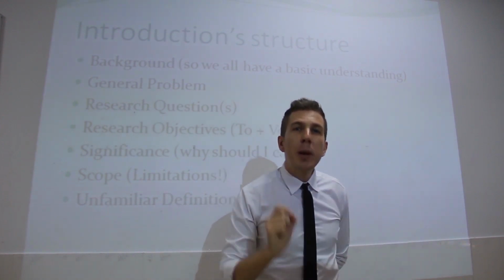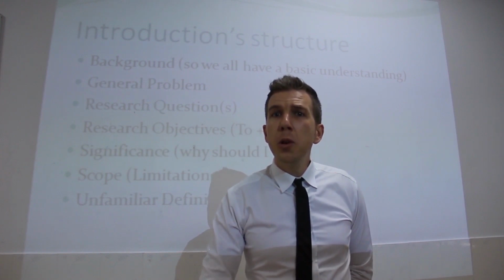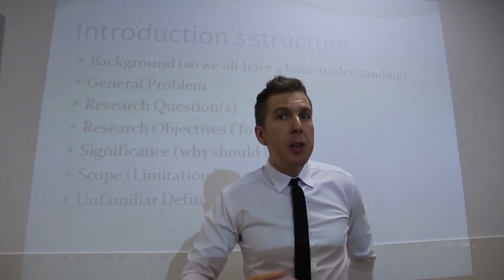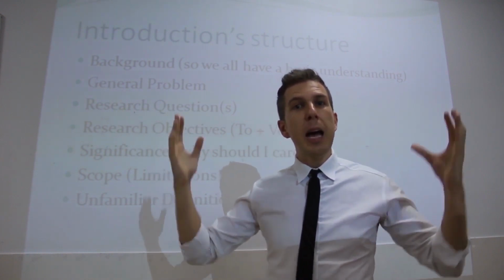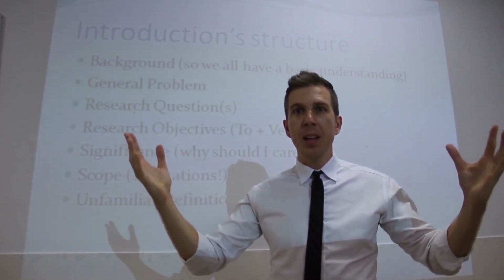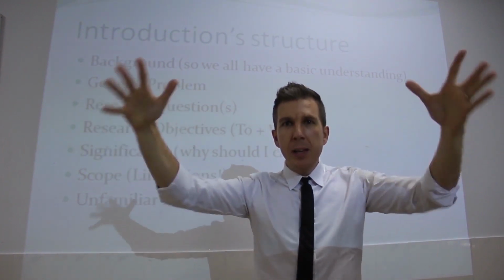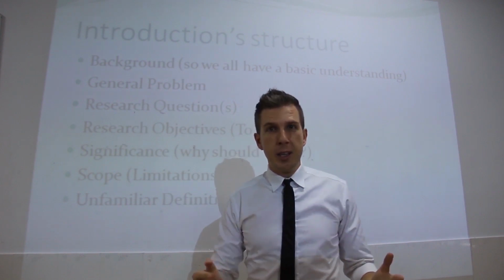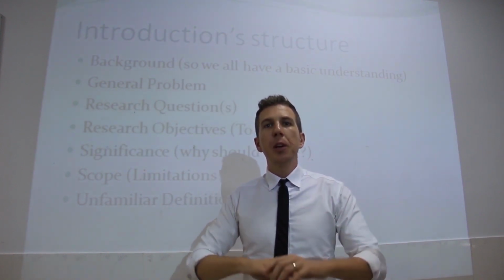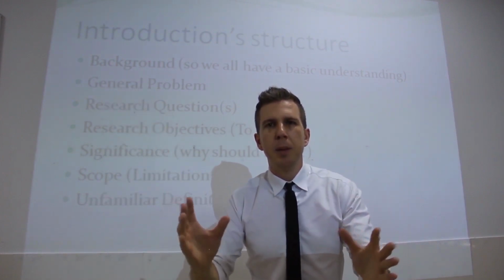Remember, I said research is about finding answers to questions, or usually solving problems. So your introduction is going to explain what that big problem is. So, background, general problem, specific problem. That's your research question.